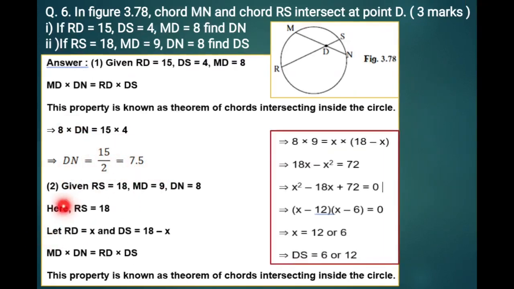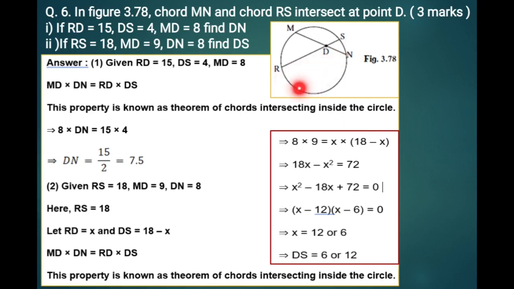Now in the second sub question, RS equals 18 is given. We have to find the value of RD and the value of DS. We consider RD as x, then DS is 18 minus x. So RS equals 18, let RD equal x and DS equal 18 minus x.